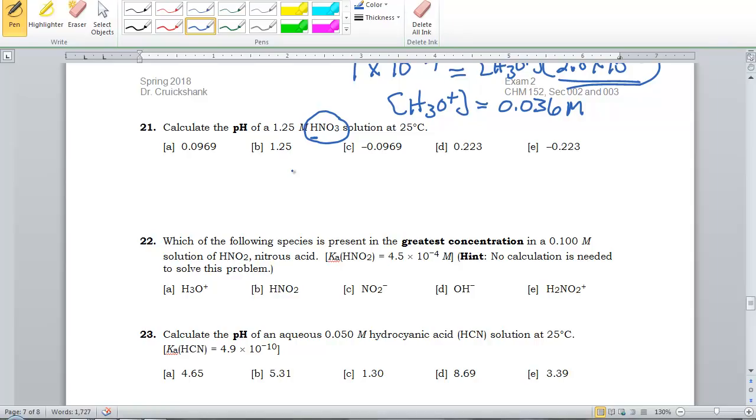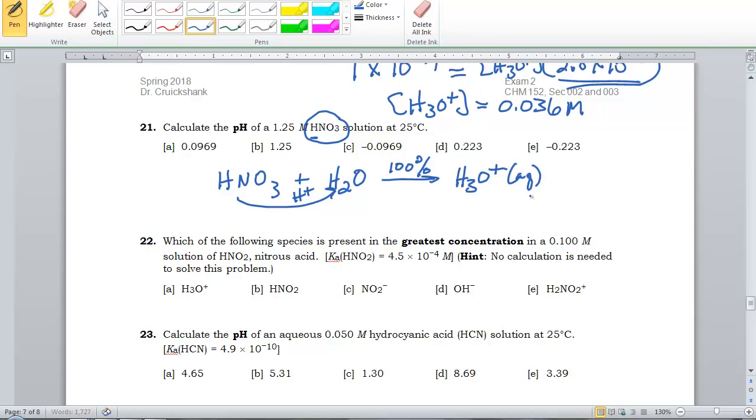All right, so the nice thing about a strong acid, as we've talked about above, is that they essentially ionize completely, and that is what we're going to assume, 100%. So when nitric acid donates an H+, 100% to product. Acids produce hydronium, and then we will get the conjugate base of that acid.